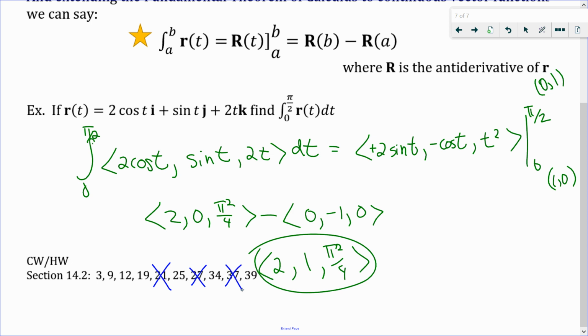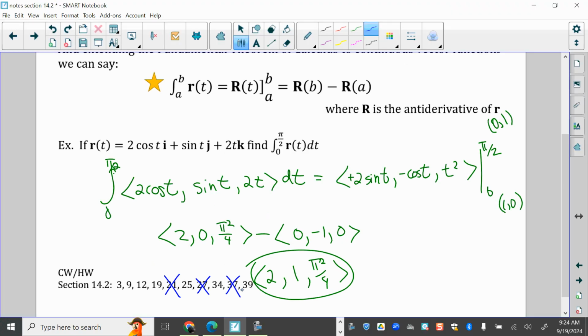But I'll see. A lot of times somebody gives you the derivative and you do the integral to get the original. That's kind of what you're doing. Let's see what Google says.